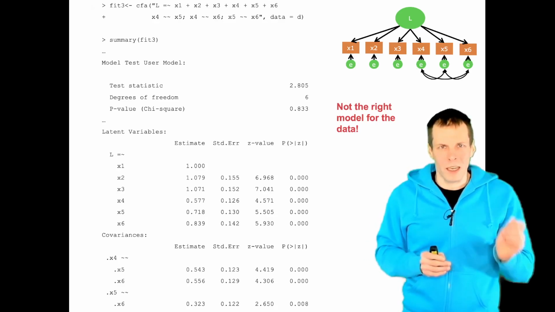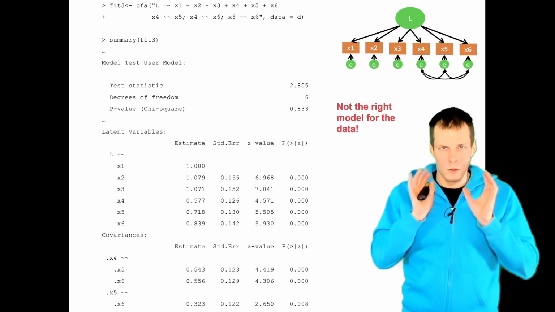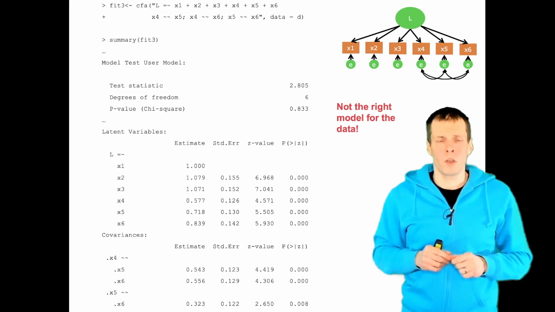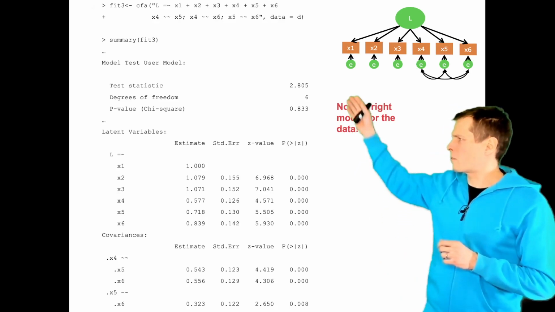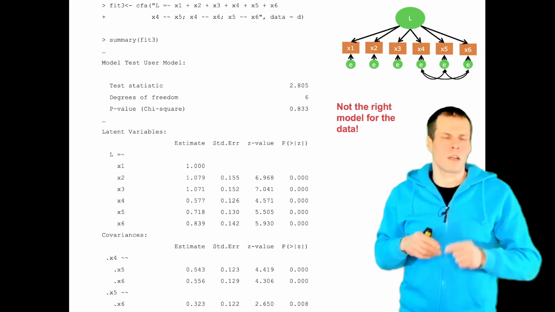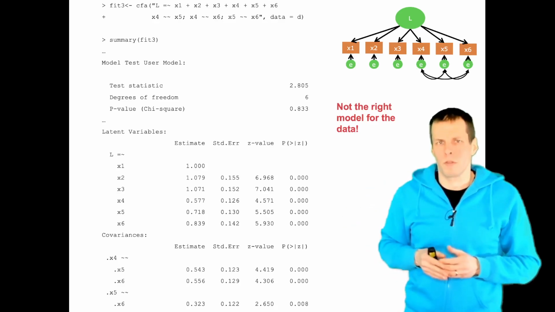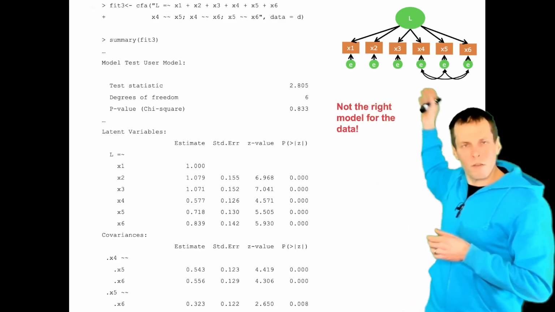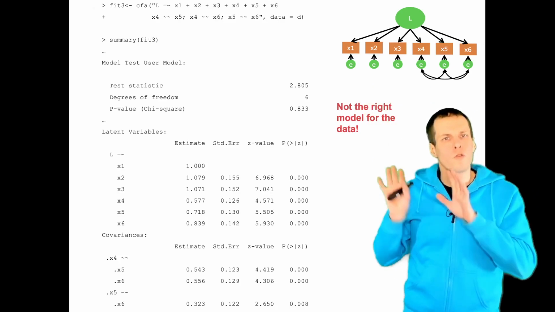The right model for the data was a model with 2 factors, and this brings up 2 important limitations of modification indices. First, modification indices are completely atheoretical. If we had actually looked at the indicators and the data, and we had done some proper diagnostics, like look at the residual covariance matrix, maybe run an exploratory factor analysis, try to estimate a model with the first 3 indicators and then the second 3 indicators and so on, we might have realized that the correct model actually had 2 factors.